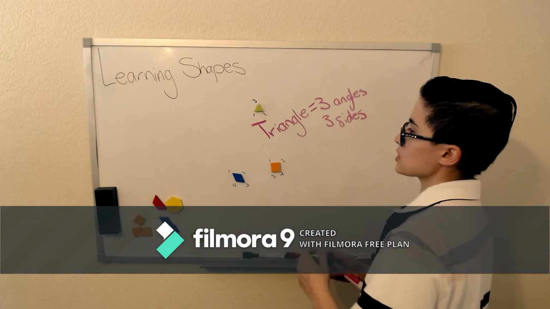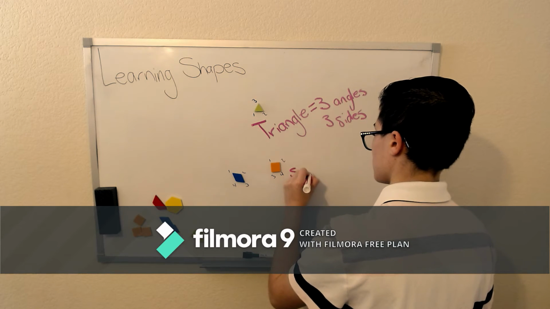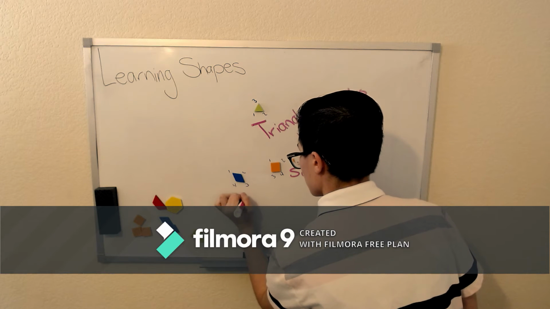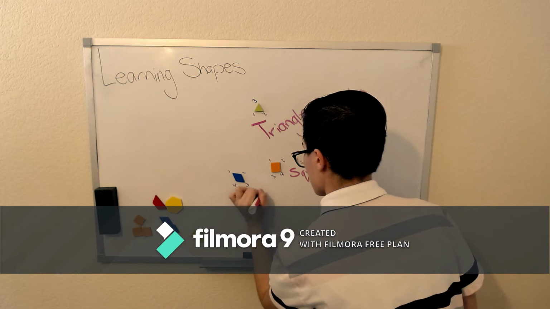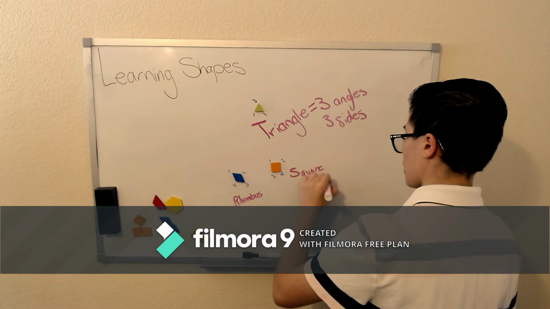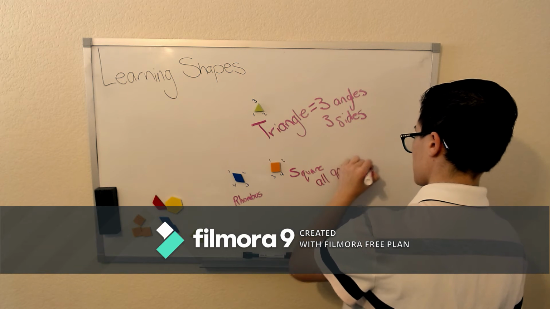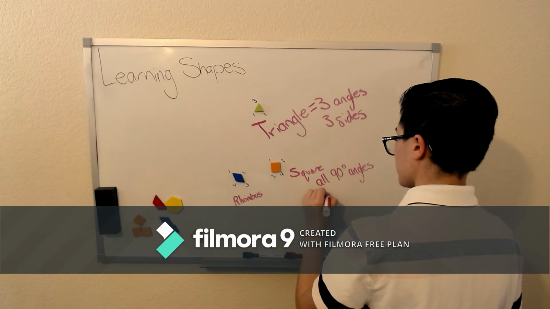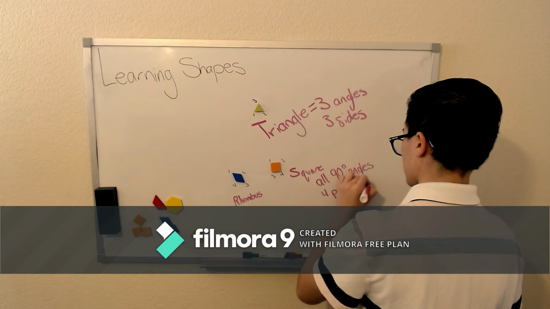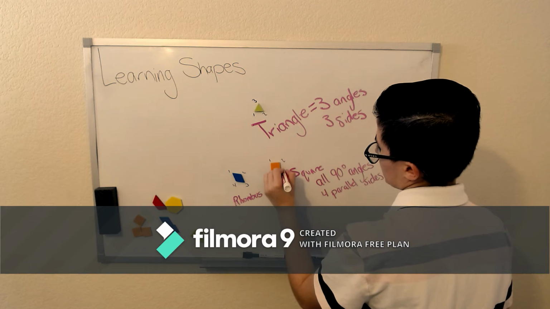The difference between these 2, the square and the rhombus, is that the square has all 90-degree angles and 4 parallel sides, which means all the sides will never touch.